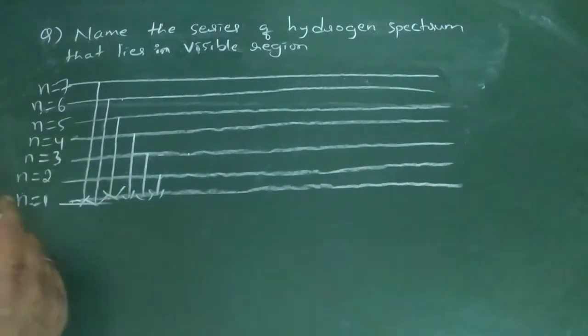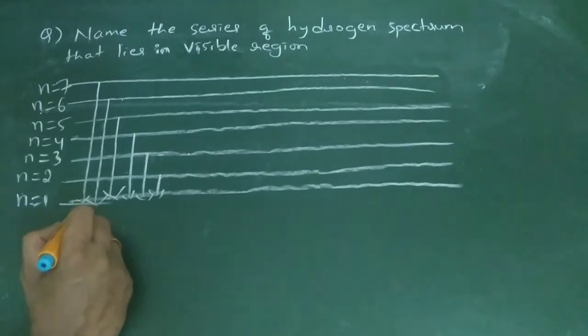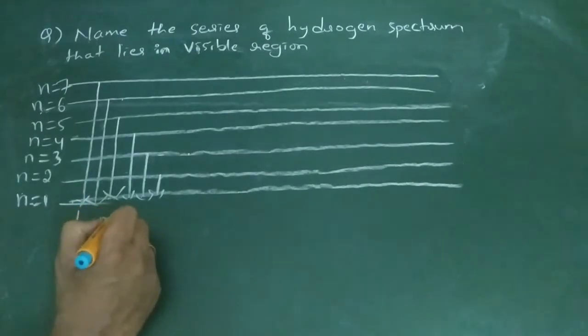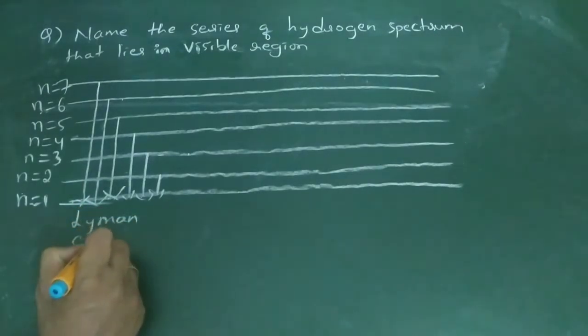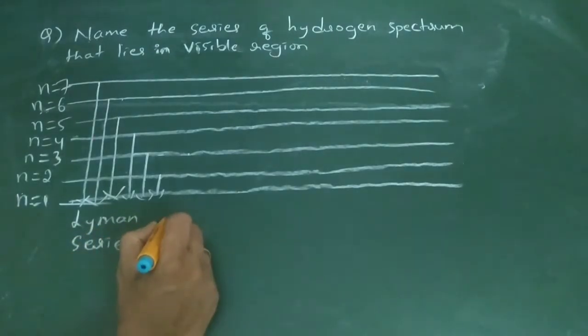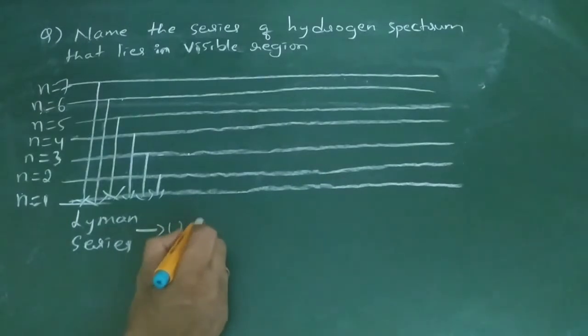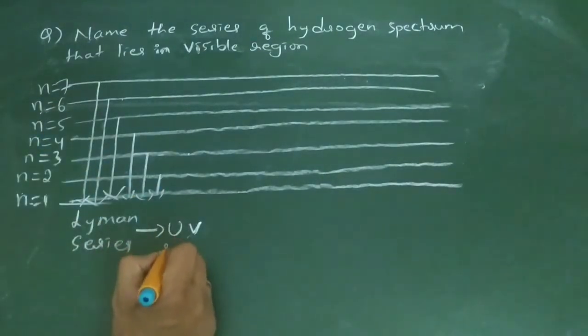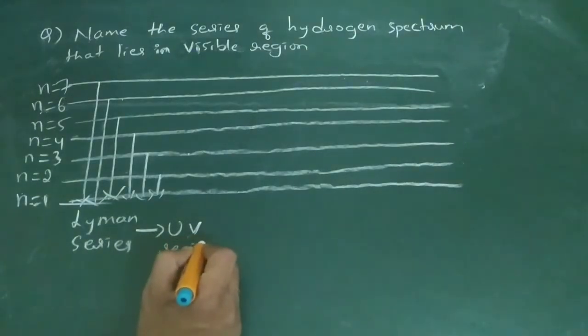That series of emitted radiations we call the Lyman series. The Lyman series wavelengths are in the range of the UV region. Are you getting that? Their wavelengths are in the region of ultraviolet rays.